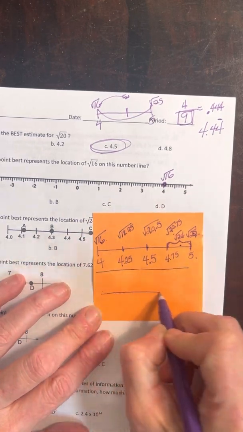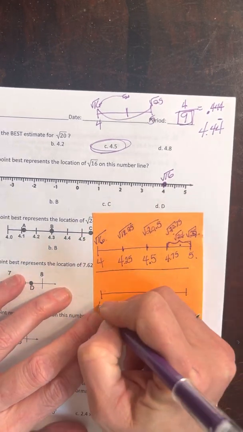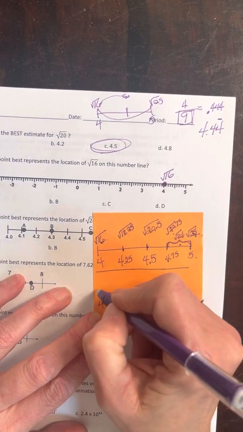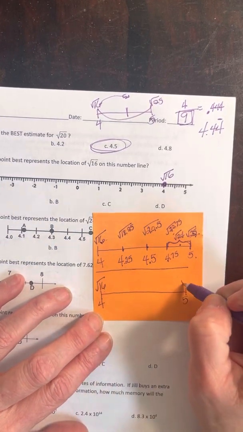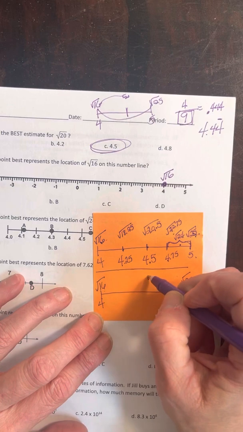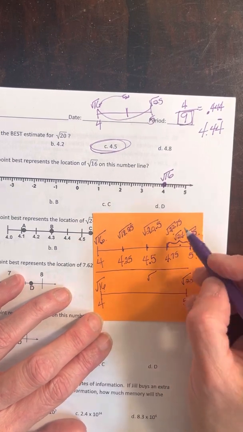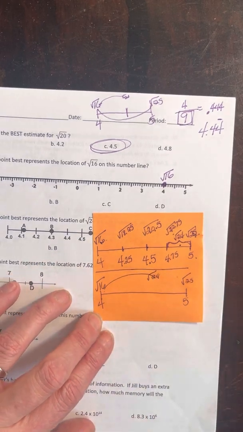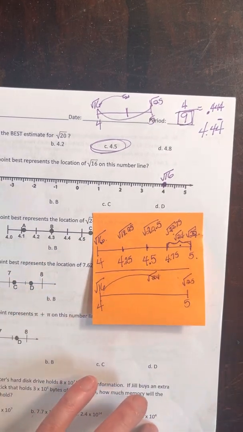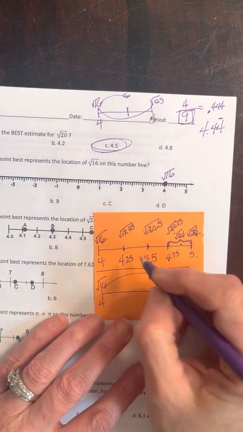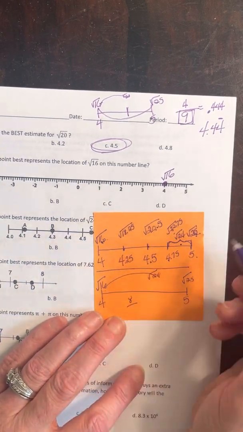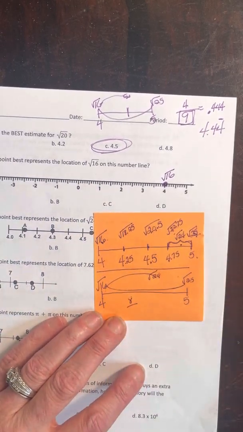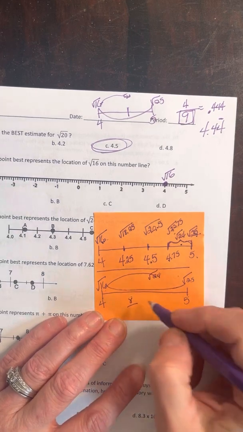Now I'm going to go ahead and do it one more time the way we've been doing it in class. So the square root of 16, square root of 25, square root of 24. All right, so 16 to 24, how many places is that? That's 8 places. So we're making a fraction. 16 to 25 is 9 places.